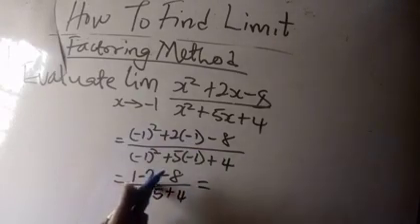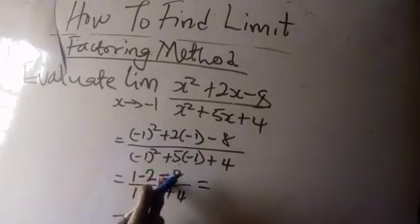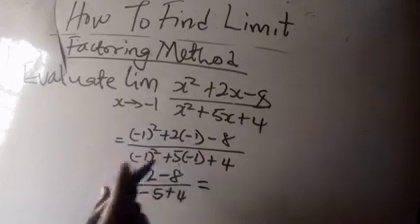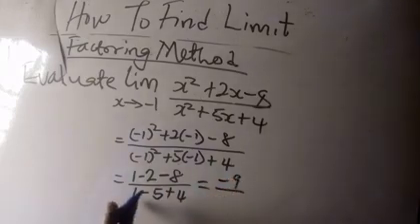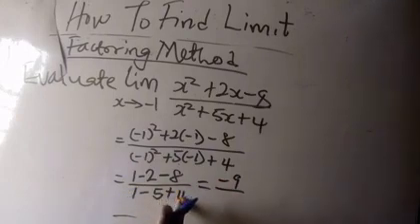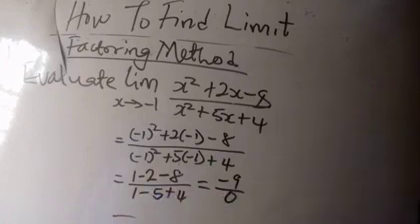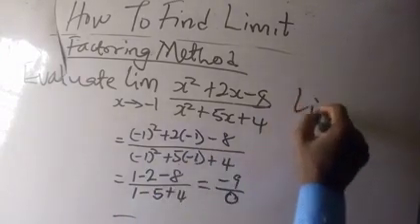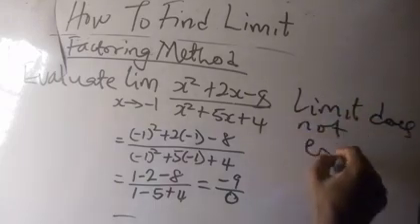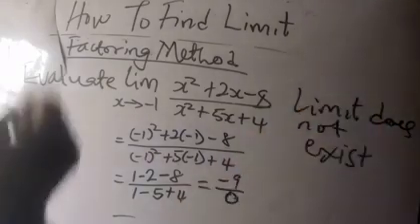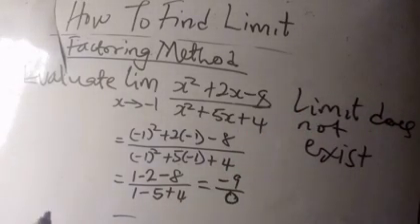So we have minus 2 minus 8, that's minus 10. 1 minus 10 is minus 9, divided by 1 minus 5 plus 4, that is 0. The limit does not exist. So let's explore another method to affirm that the limit does not exist.